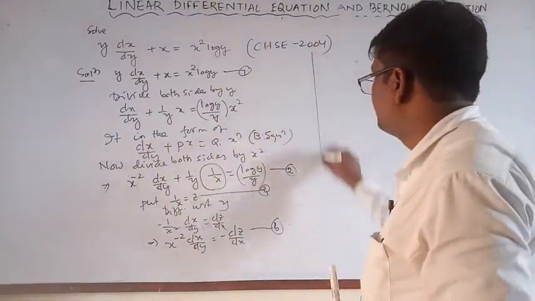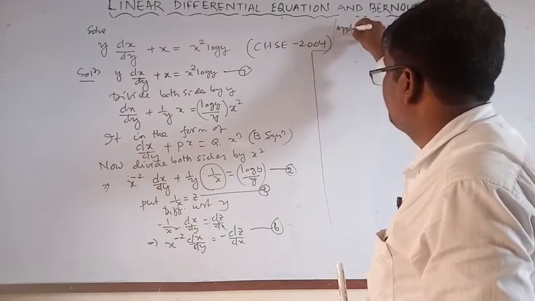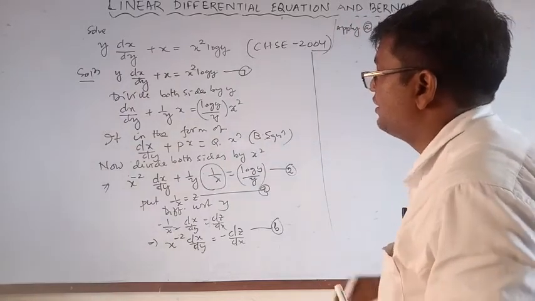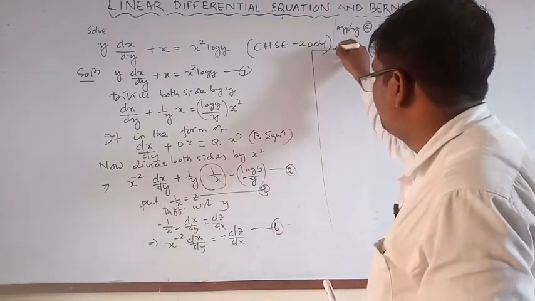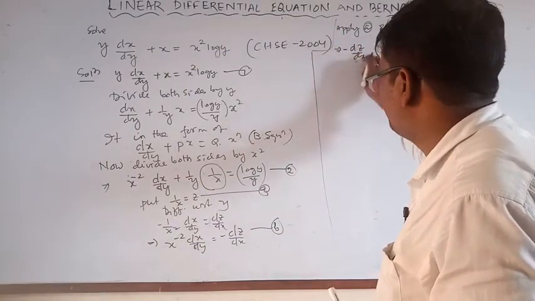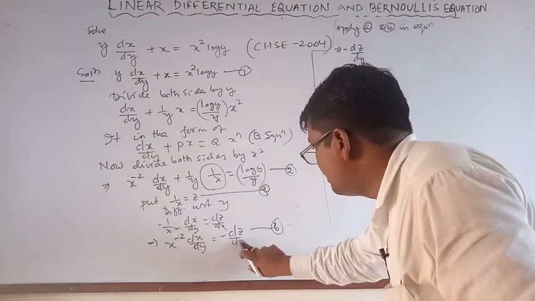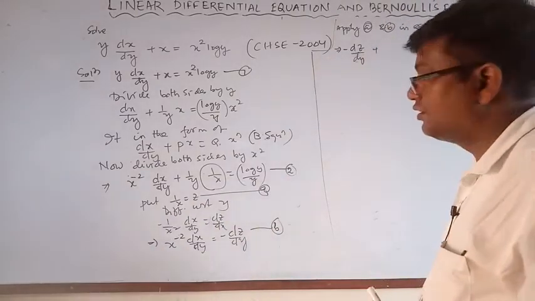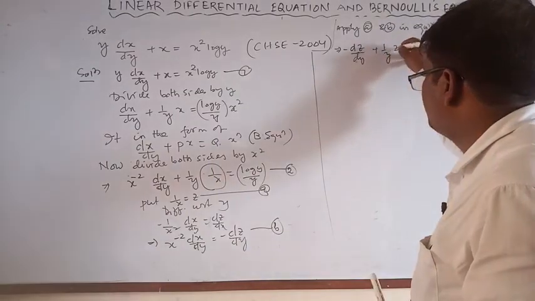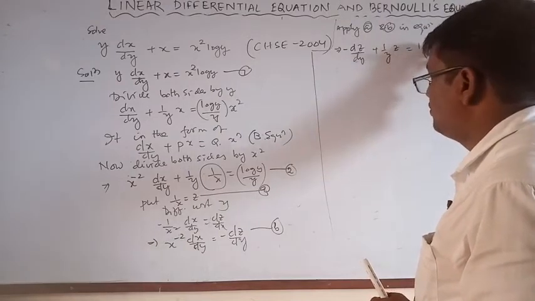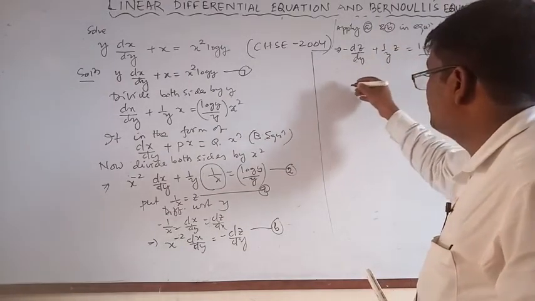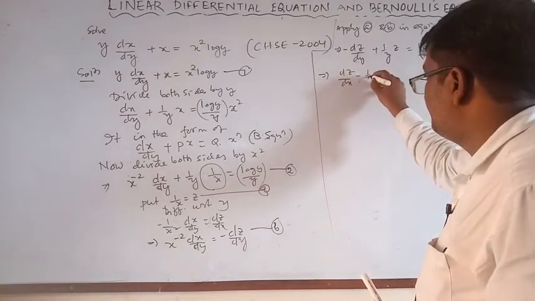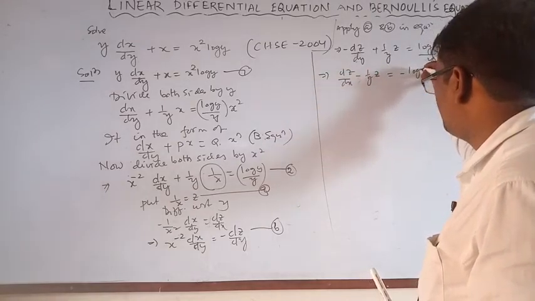So we get -dz/dy + (1/y)z = log y / y, that is dz/dy - (1/y)z = -log y / y.